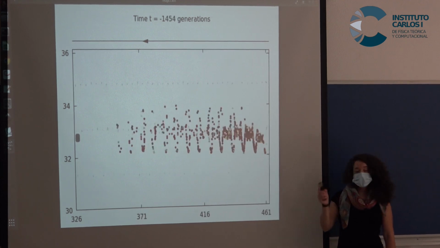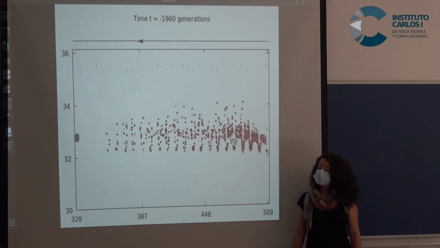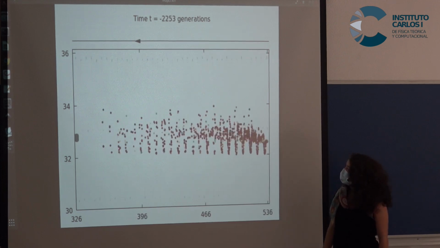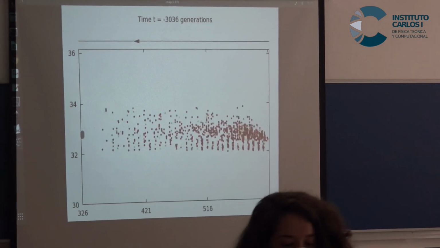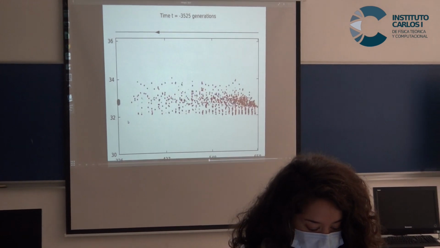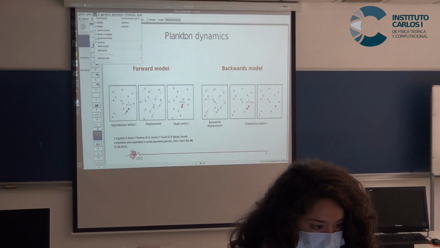So the most important part is the initial part. It's what determines almost everything. So it's good for you to know how this works. Okay, so back again to this.